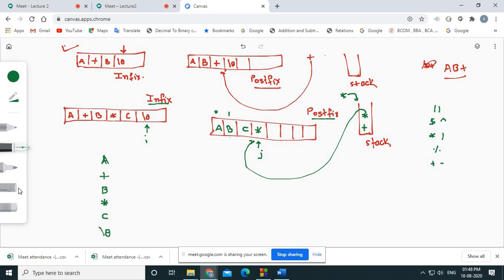Again star is removed, so now star is not here, right? Again you have to do the pop. If I am doing a pop operation, I am getting plus. This plus you need to put here. Obviously whenever you are putting anything into the postfix, your J variable will be increased by 1. So now finally your J will be here.